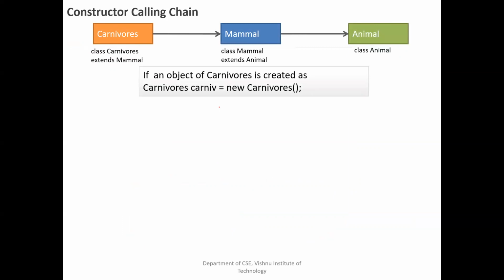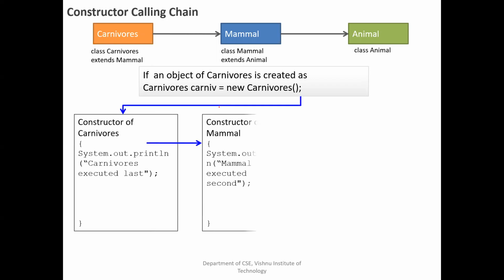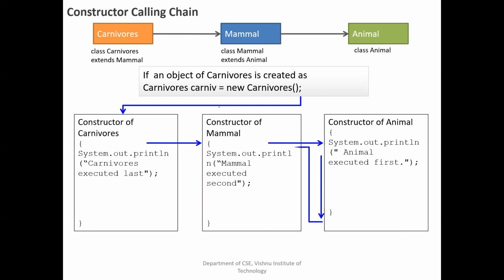So there are three classes: animal, mammal, and carnivorous. Carnivorous is the grandchild, and the main grandparent is animal. And we are creating an object for carnivores, the last class. The constructor of carnivores has to be executed, but it invokes the constructor of its immediate parent mammal, and that invokes the constructor of its immediate parent animal.